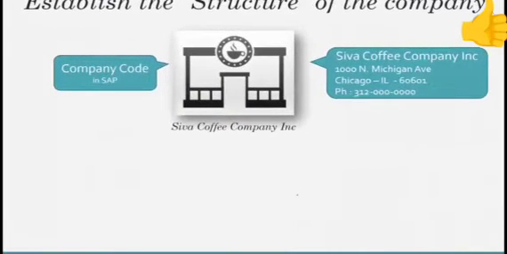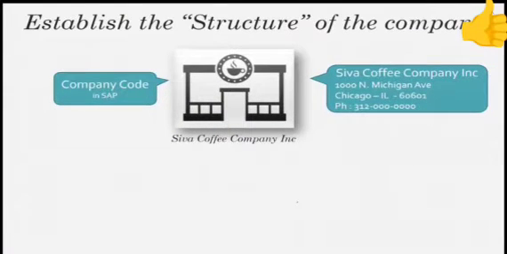What we're trying to do here is establish the structure of the company. So outside of SAP, in general parlance, this is called a company, or it's also called an entity. Sometimes it's called a legal entity.